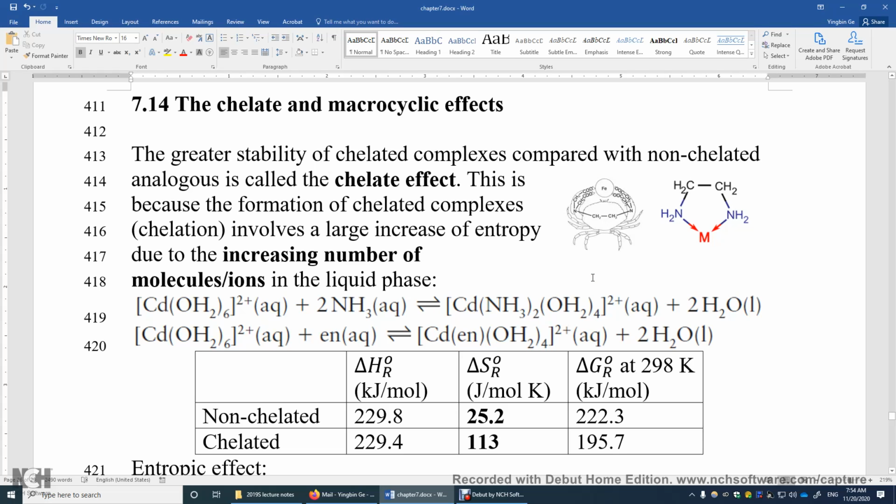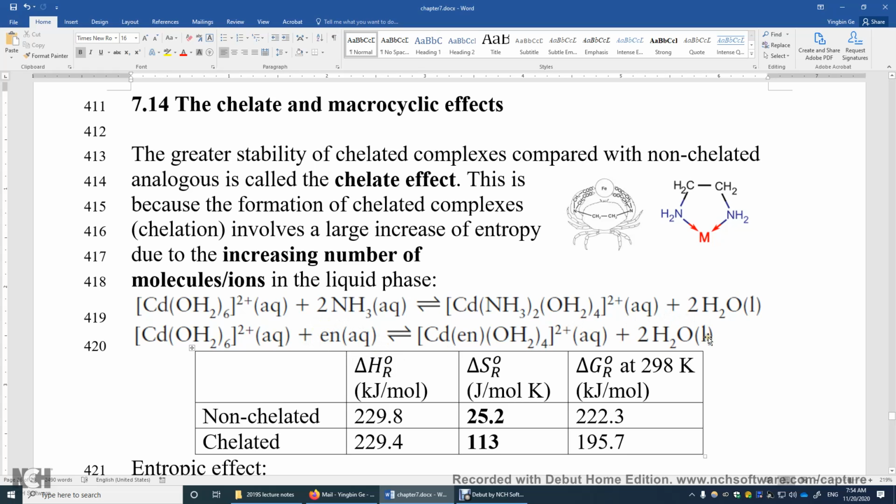That means if the hexaaqua ion reacts with EDTA, it's possible for EDTA to swap out all 6 aqua ligands. On the left-hand side, you have just one EDTA.